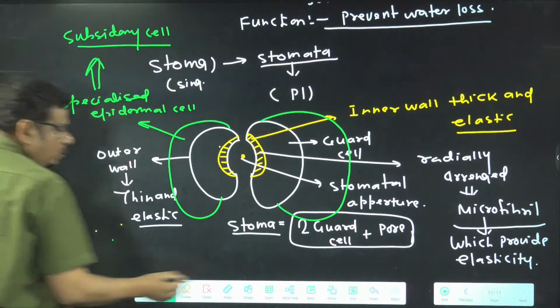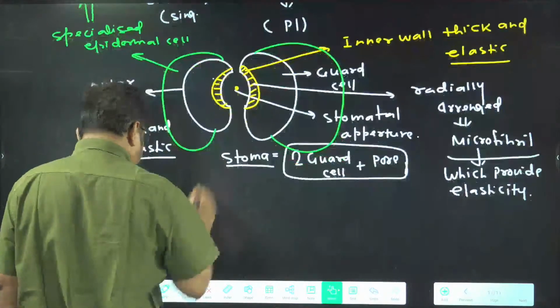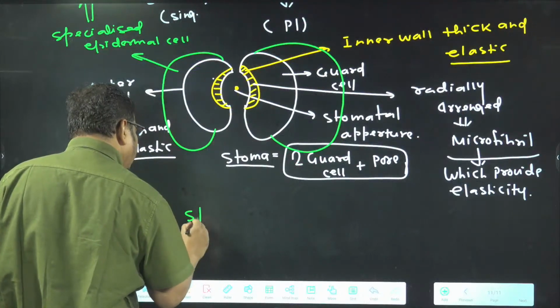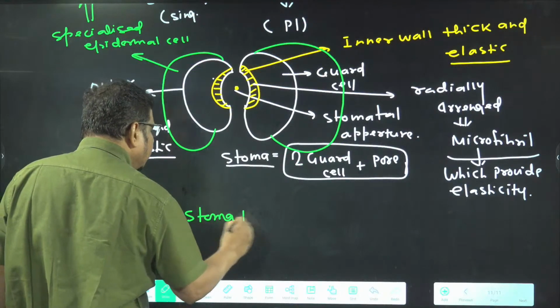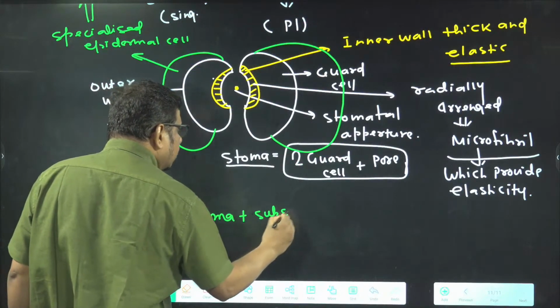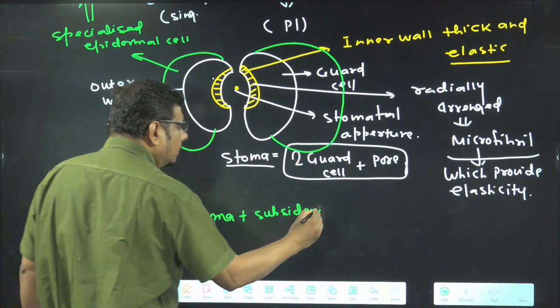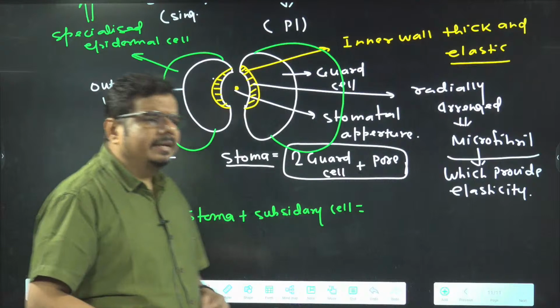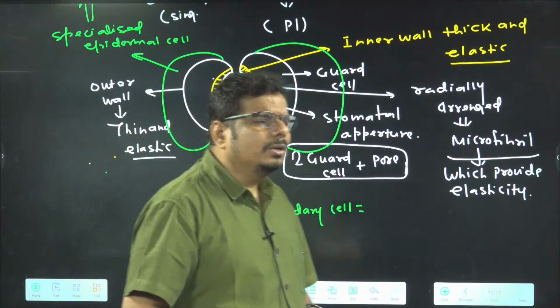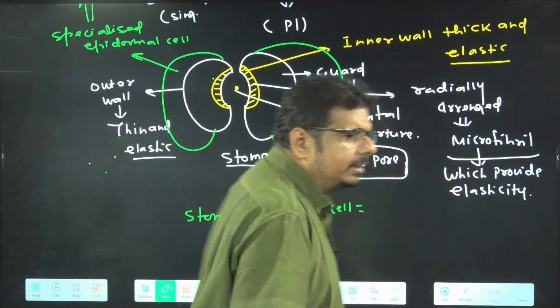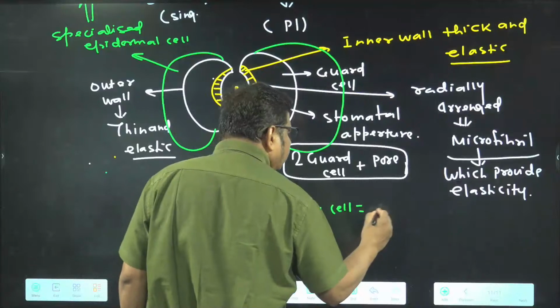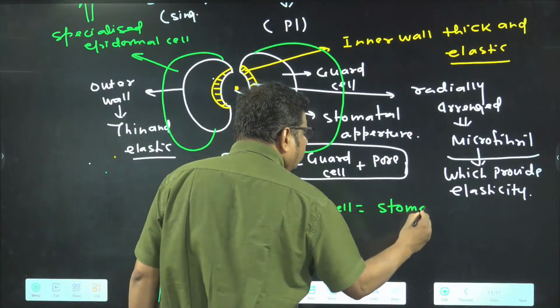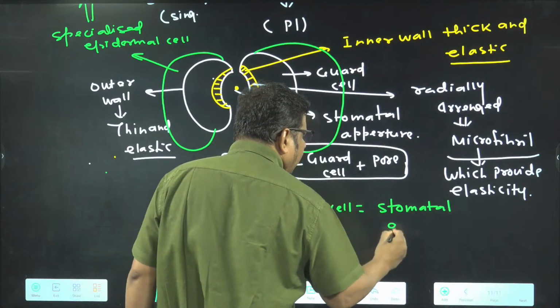Subsidiary cell. So keep in your mind, when we add a stoma plus subsidiary cell, don't make it wrong like stomata plus subsidiary cell. Many times teachers did not write a stoma, they wrote stomata plus subsidiary cell. It is called a stomatal apparatus.